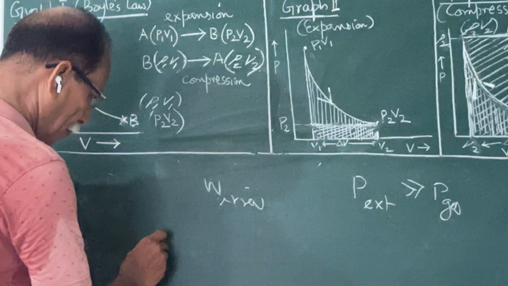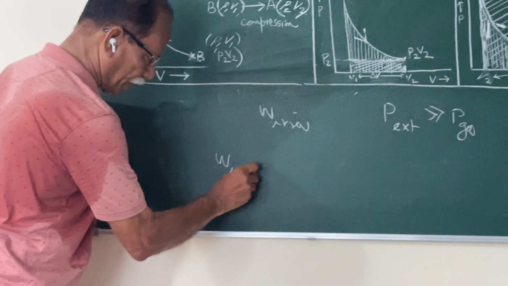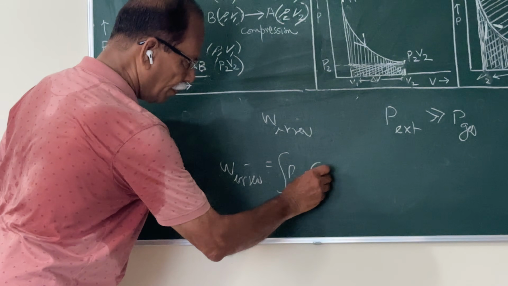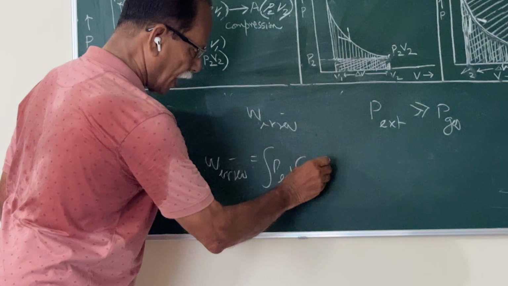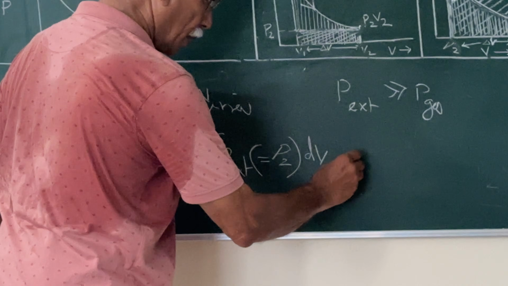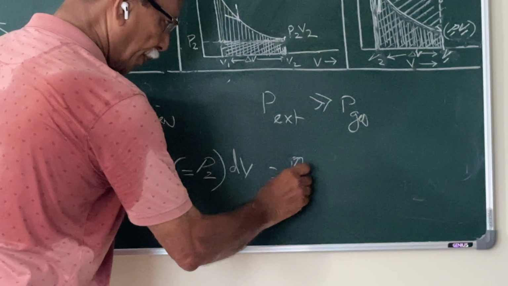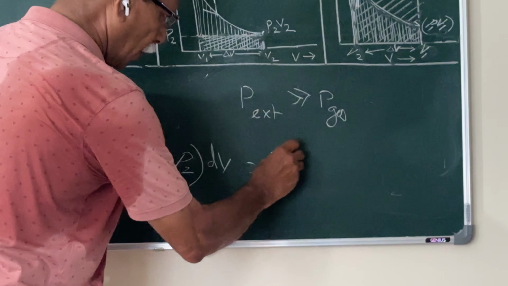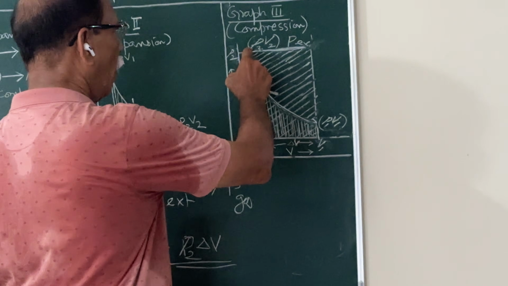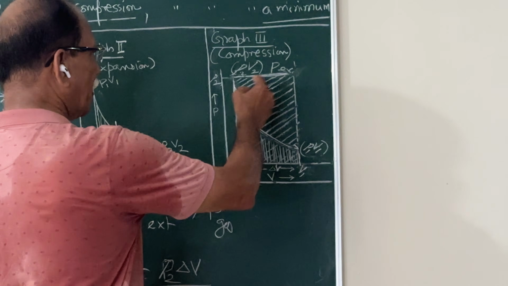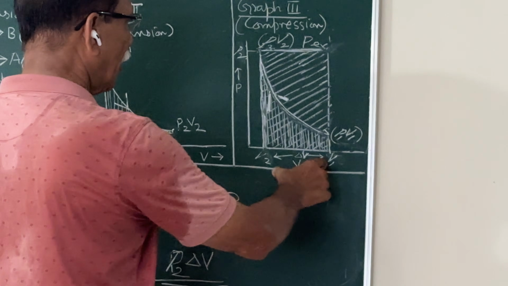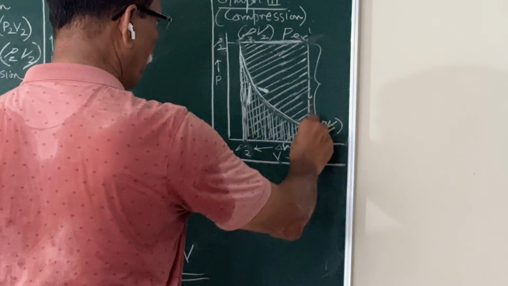Now, W irreversible compression is the integral of external pressure, which is the very high pressure italics P2, into dV. This being a constant, it is taken out, so it becomes P2 into V2 minus V1, or delta V. So it is the area of this rectangle marked with slanting lines, with one side of length delta V and another side of length P2.